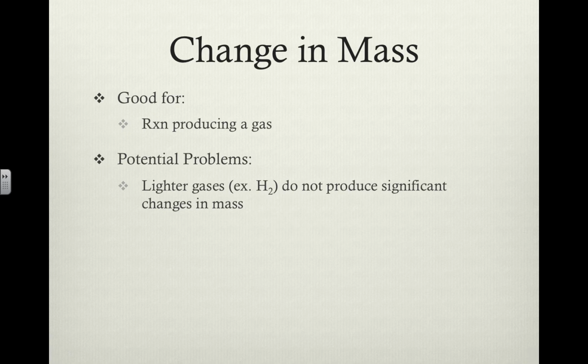Well, that carbon dioxide gas has substantial enough mass that if you put that reaction in a flask on a balance, you could take the mass every 5 seconds or whatever and measure the mass of gas that's being produced.